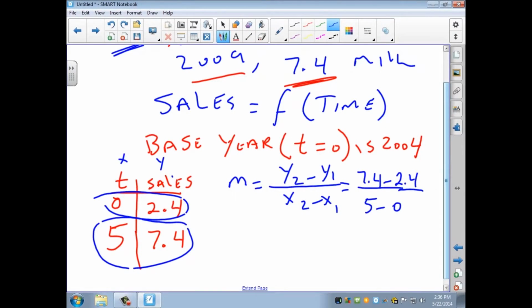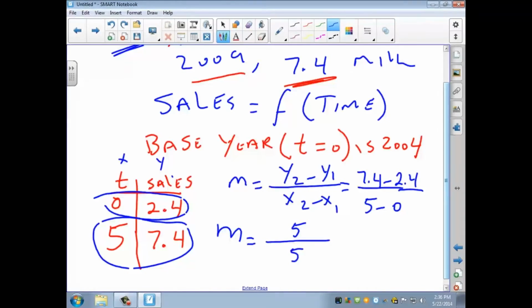So m, therefore, is equal to 7.4 minus 2.4 is 5, divided by 5 would be equal to 1. So the slope of this function would be equal to 1.